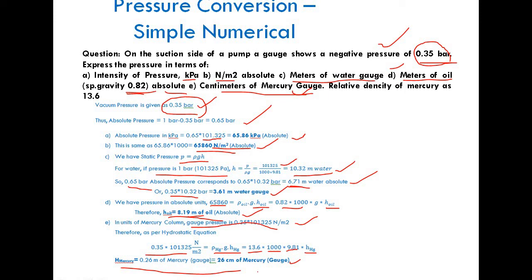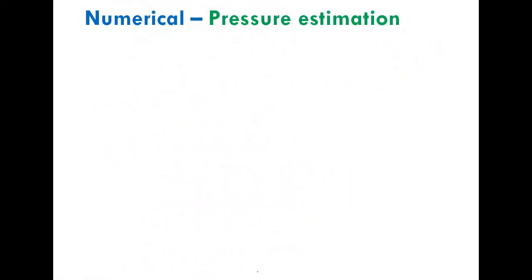The same pressure can be expressed in terms of liquid column, maybe water column, oil column, or mercury column, and you can express the resulting value in absolute, gauge or vacuum, and also in any units: Newton per millimeter square, kilogram force per centimeter square, bar, psi, etc. So we should know about these unit conversions as well as the application of this hydrostatic equation for estimating the fluid head, which is a direct representation of the pressure at any point.